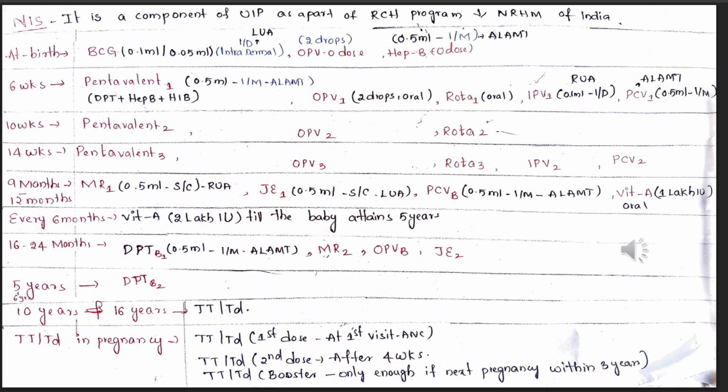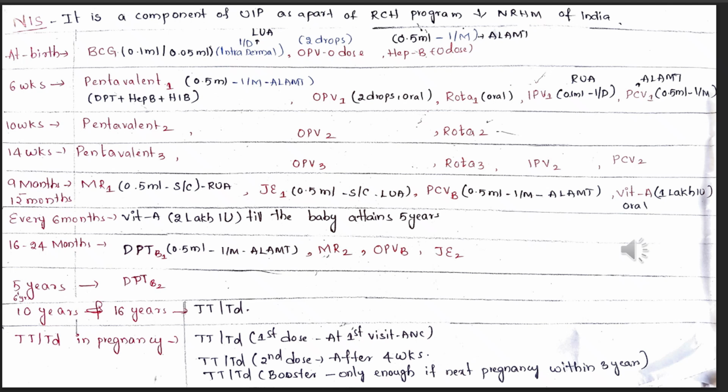For the TT first dose, previously we used to give it at 16 to 24 weeks of pregnancy, but now the schedule we are using is that as soon as the pregnant woman comes for the first antenatal visit itself, we give TD, because if she does not come for the other antenatal visits and comes directly during delivery, at least she will be protected with the first dose of tetanus and diphtheria.